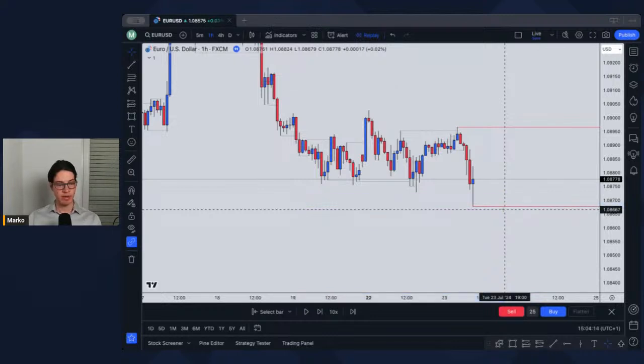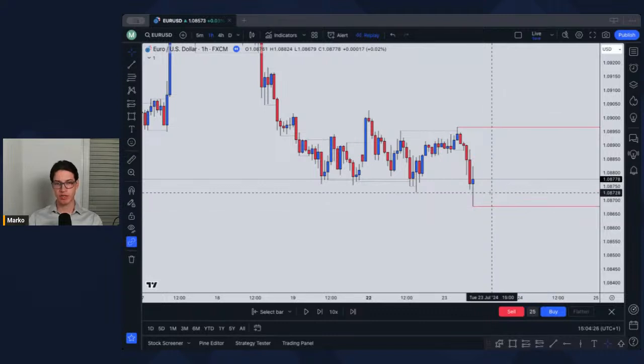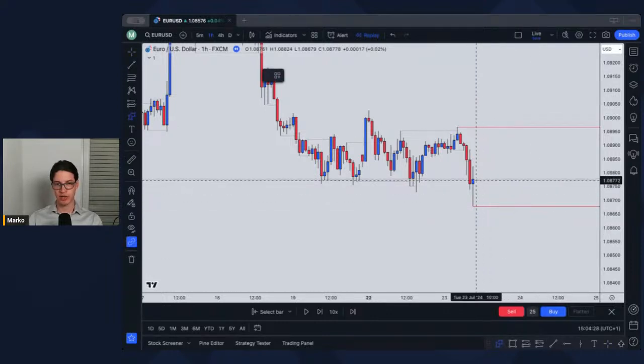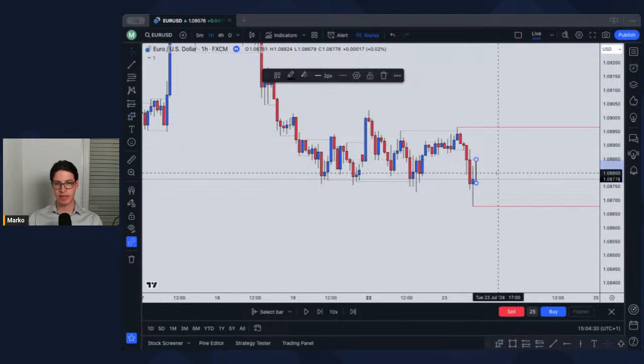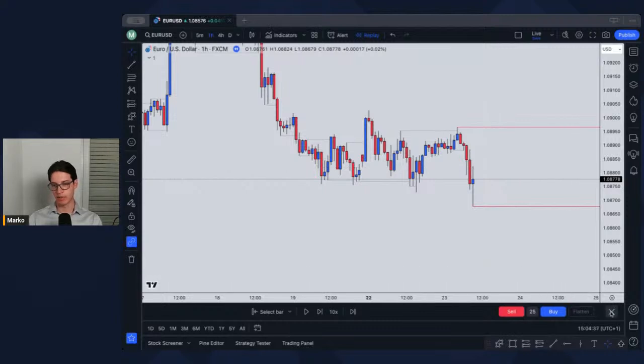Aussie US dollar, I'm a bit more lenient because I have extensively backtested the Aussie US dollar with this liquidity sweep range bound entry. But on the Euro and US dollar, I'm a bit more patient, so I wanted a big bullish entry like this, and then I would take a nice buy setup. So because that didn't happen, I did not want to risk the 1% on this one.